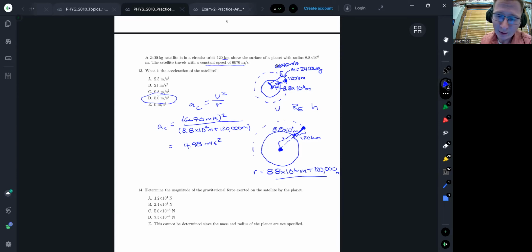And so, like we said, with rounding, the numbers are so far apart, it doesn't make a huge difference. But in all technical correctness, the radius of the orbit is that radius plus how high above the planet the satellite is. Does that answer your question? Yep. Okay. All right. What other ones do we want to do?